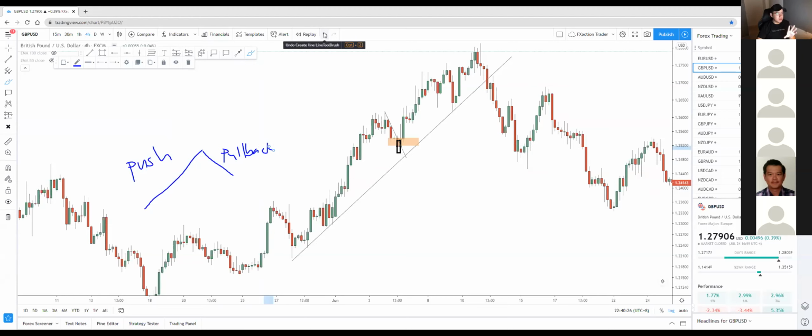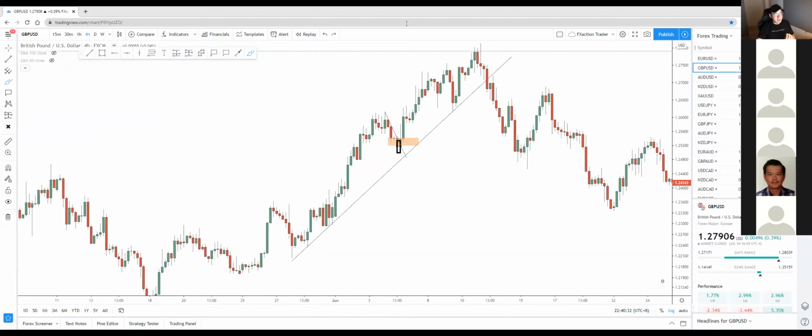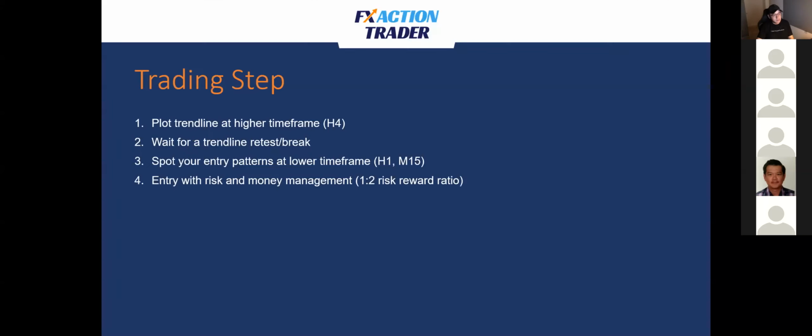So the rules are very simple. Once you identify the trend, the trading steps are as follows. The first step is that we need to plot the trend line on the higher time frame, which is the H4 time frame that I just mentioned. The second step is that we need to wait for our trend line to be retested, or wait for a breakout. If the trend line is retested, we trade along with the trend.